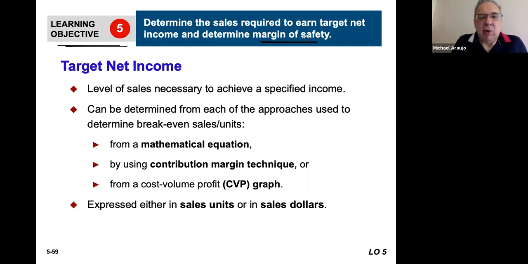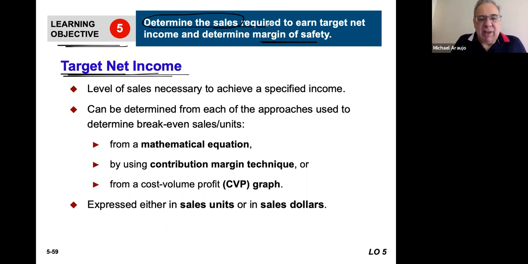But we also know that a lot of companies want to target their profitability. They want to have a goal. This is going to be our profit this month, this quarter, this year. And what helps managers get to that point is, in order to be guaranteed a certain profit, they have to know how much sales are required to get there.